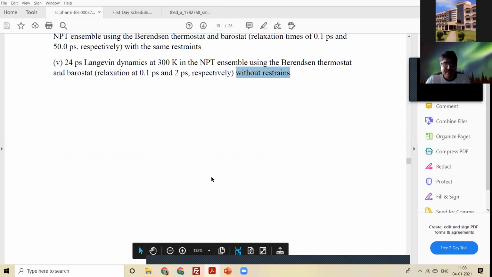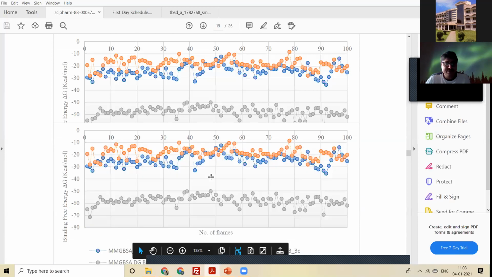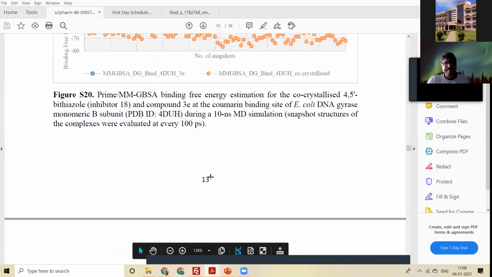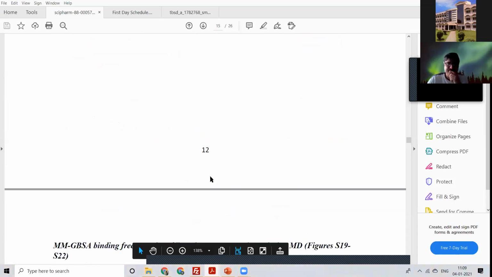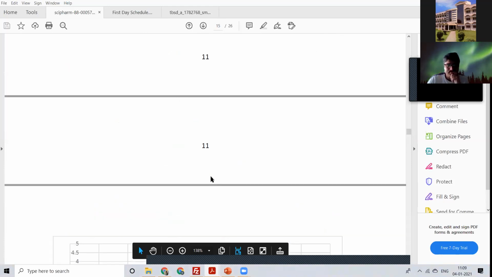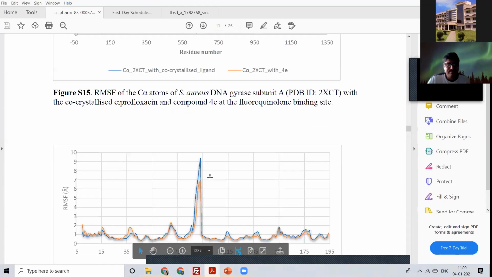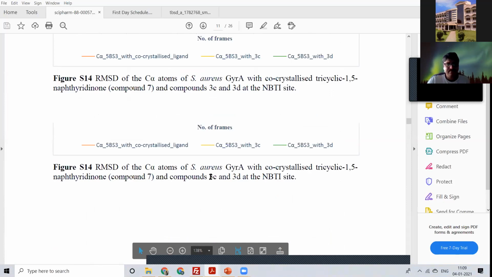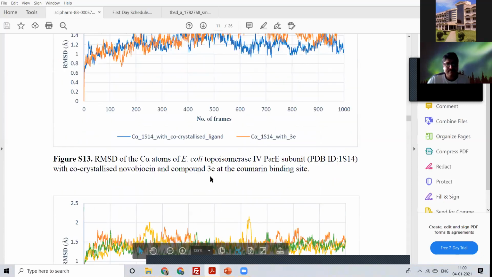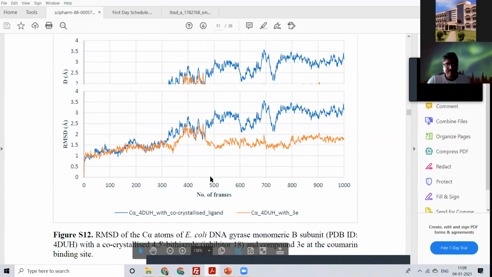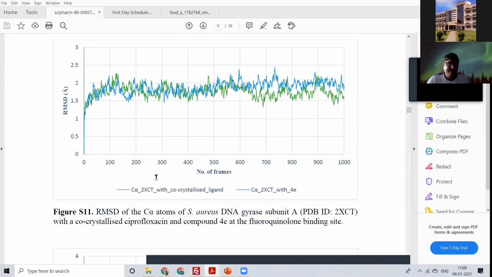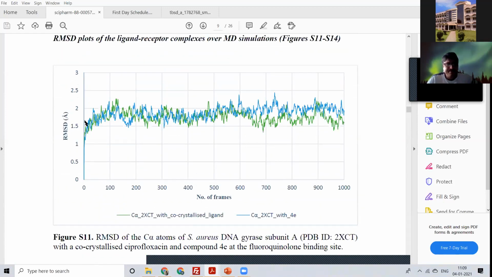Then if you see the trajectories, when we calculated them, we observed that after 10 nanoseconds there is a good stabilization of the RMSD.